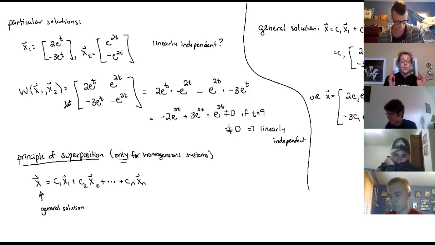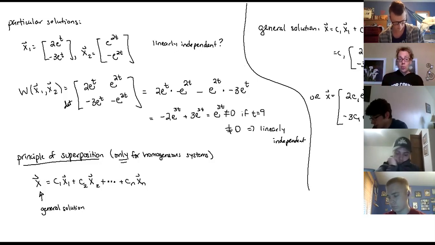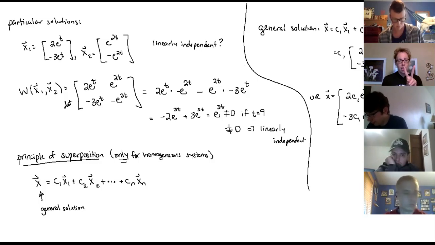And now this is where the book sometimes switches, so I want you to be comfortable with both. Remember that a general solution to this system of equations is two functions in this case, right? X1, X2. That's a general solution.